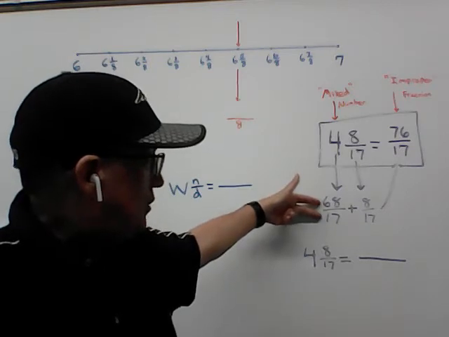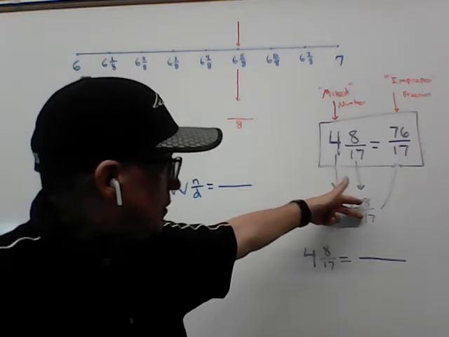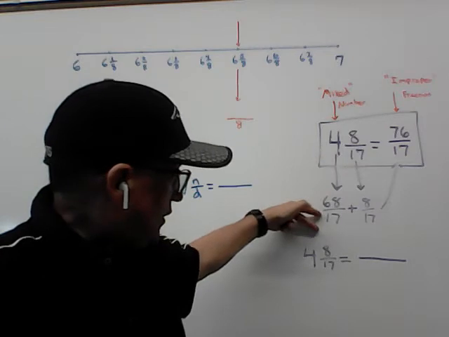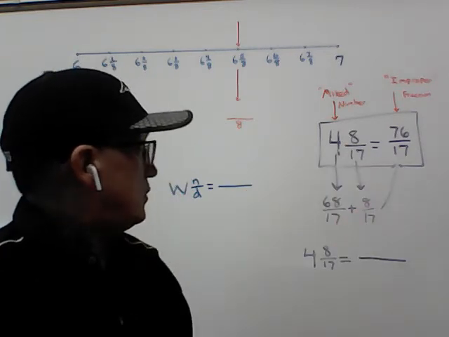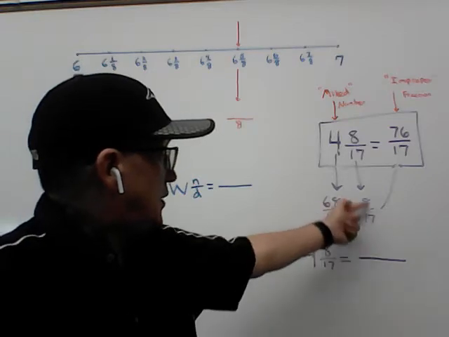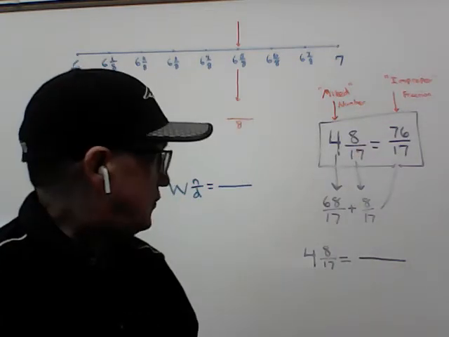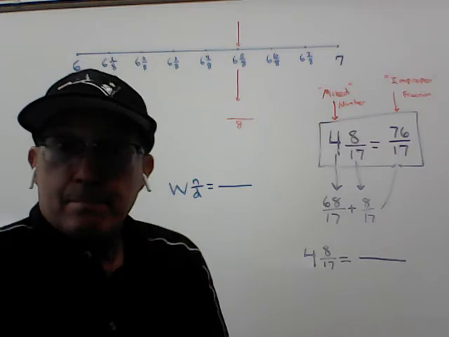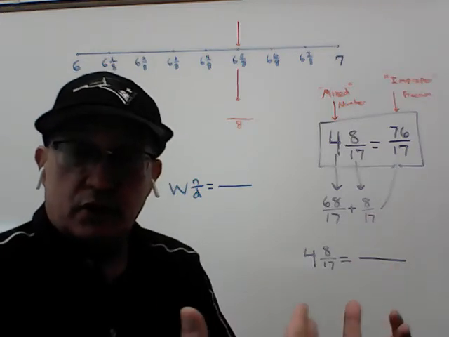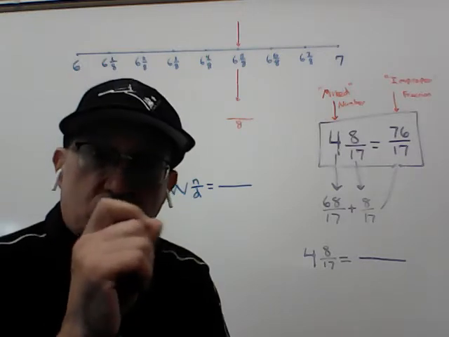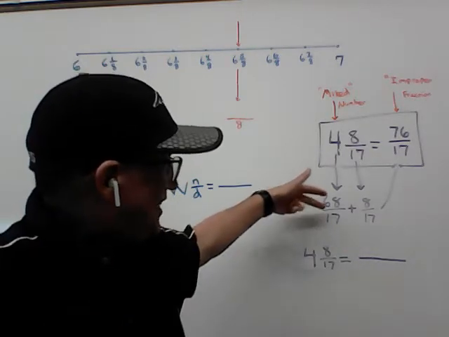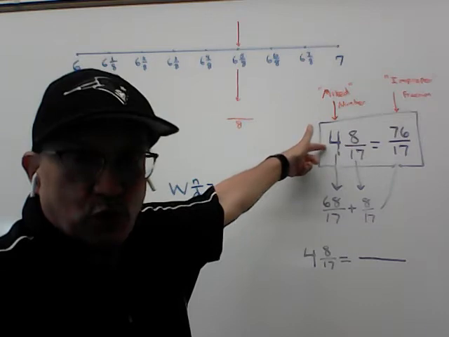This is 4, and the 68/17 is 4, and we have an additional 8/17. So 68/17 plus 8/17 is 76/17. Okay? It's just the reverse of what we did earlier. The crucial thing to understand is the fact that 68/17 is the whole number 4.